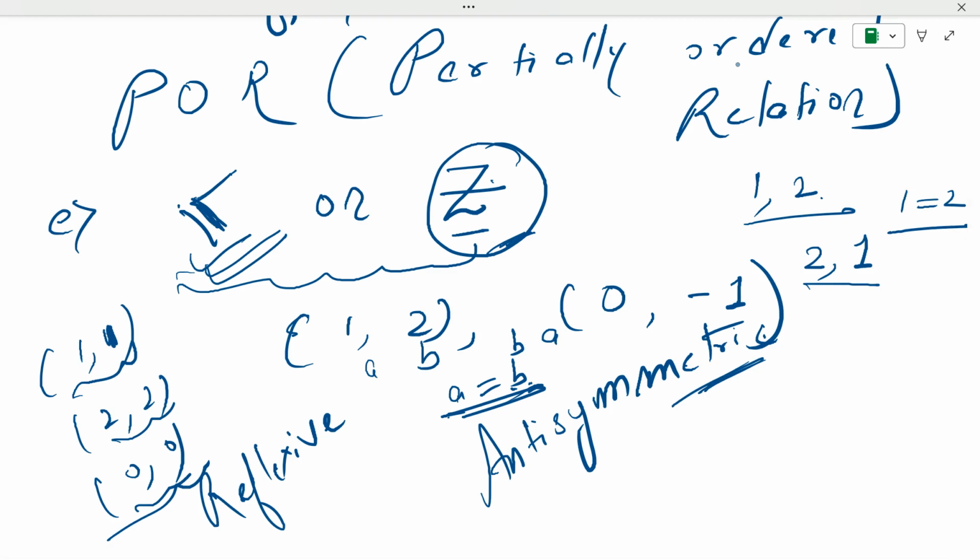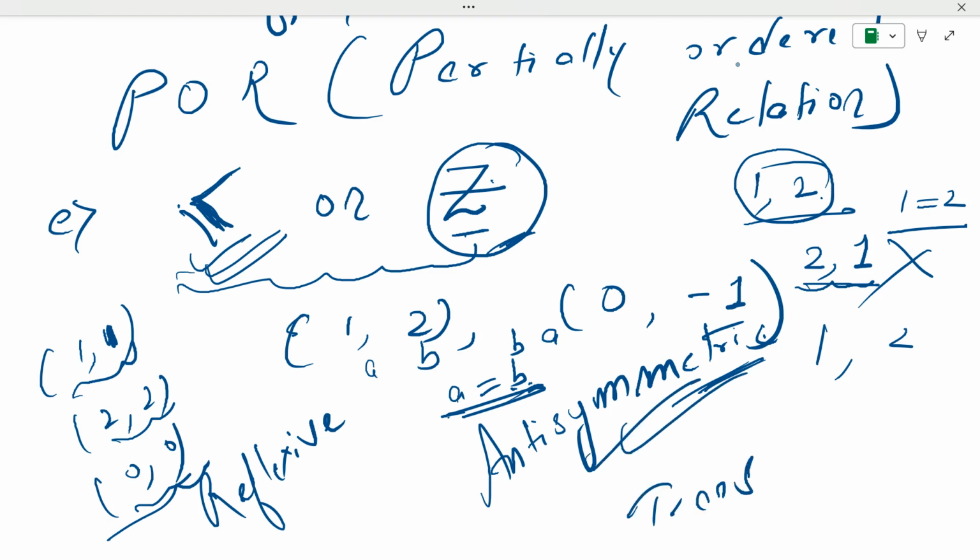For every (1,2) we cannot have the opposite direction, so definitely it is antisymmetric.